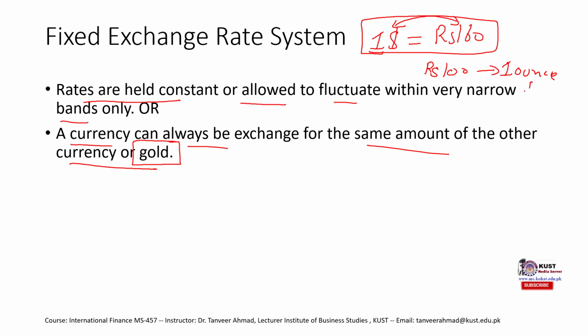Say they have fixed that 100 rupees would be equal to 1 ounce of gold. So it is not necessary that the currency be fixed in terms of another currency, but it can be fixed in terms of another asset. In both those cases, it would be called a fixed exchange rate system.